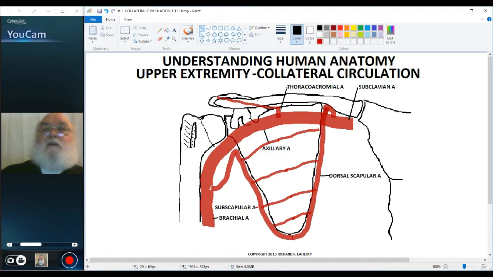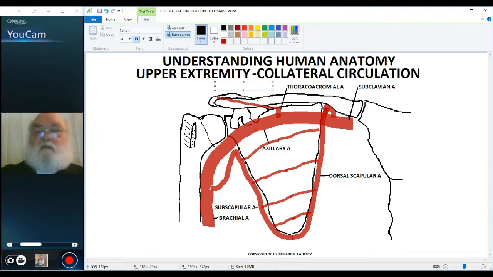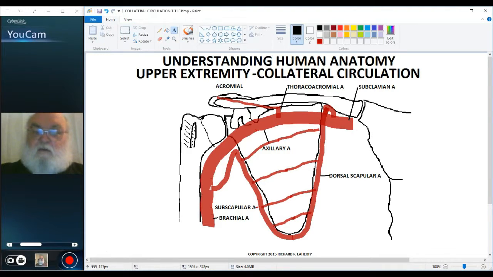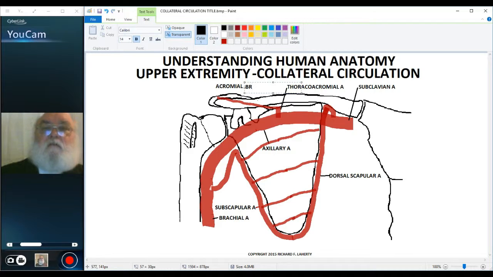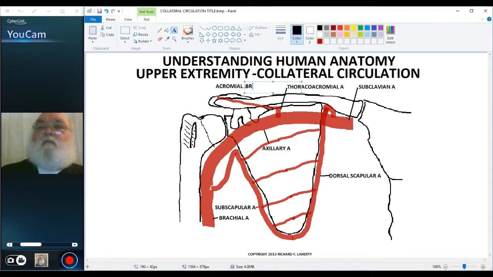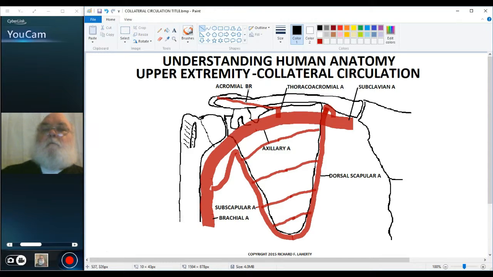And then this small artery is the acromial branch. There.